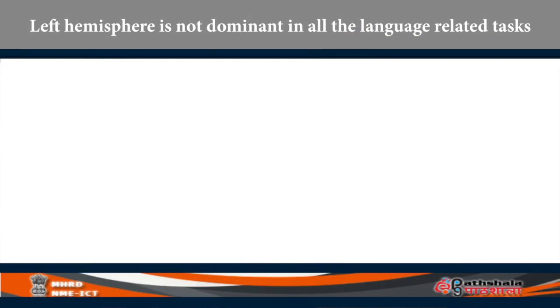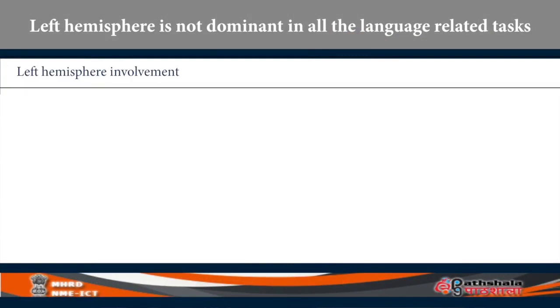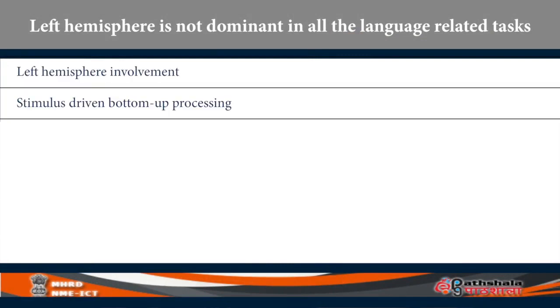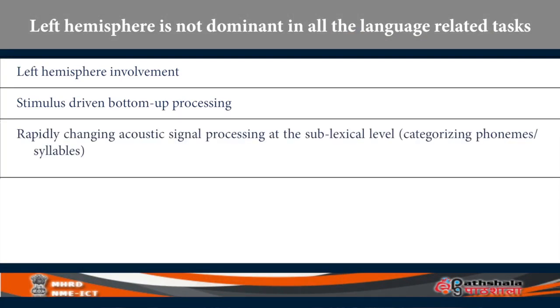For instance, it is possible that the left hemisphere takes an active role in stimulus driven bottom up processing, that is, rapidly changing acoustic signals involving sub-lexical units like phonemes and syllables. So when you are listening to individual phonemes or syllables of a word and you are trying to monitor a phoneme, that is bottom up processing, and it is possible that the left hemisphere takes a greater role.